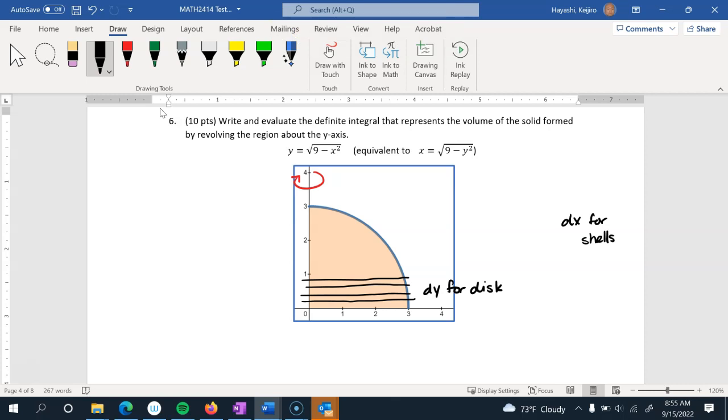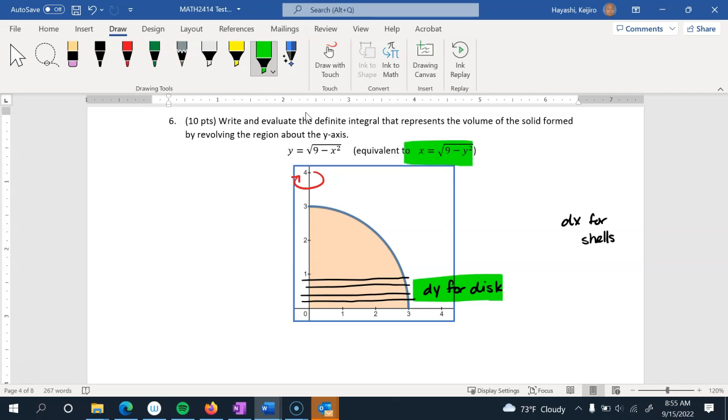It requires some u substitution if you wanted to do the shell method. If you really wanted to keep a dx, it would be possible. But if you want to do this with the disk method, it's going to be easier despite the fact that it's going to be a dy integral.